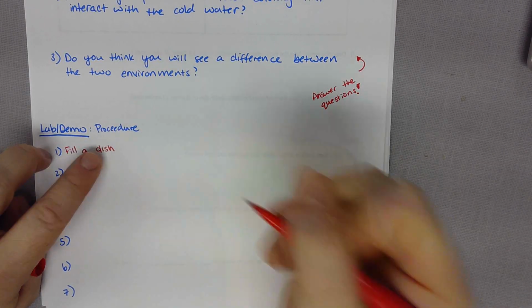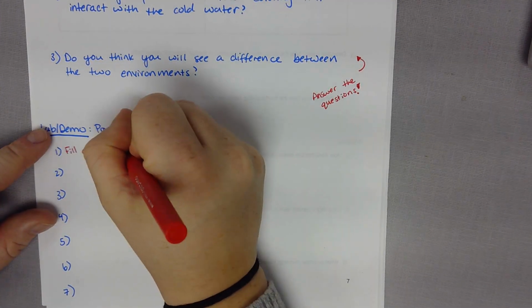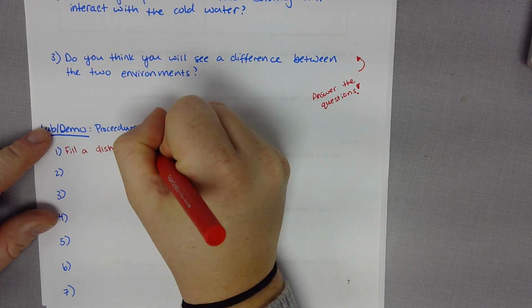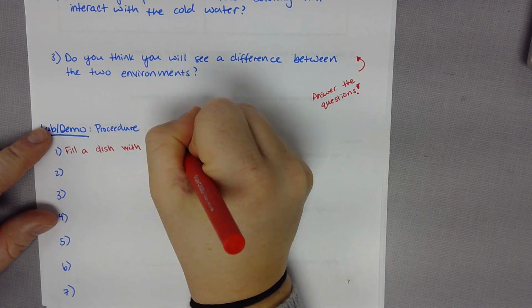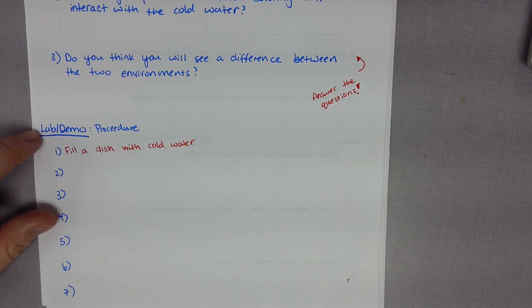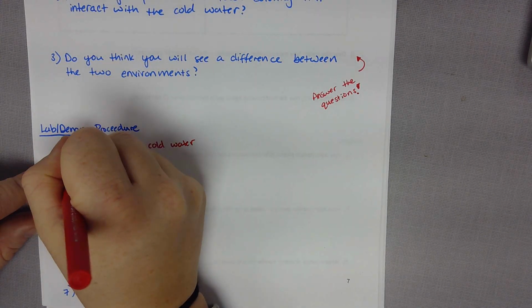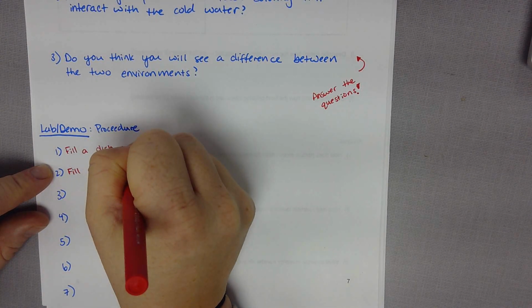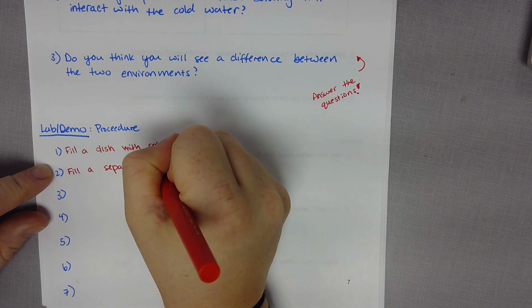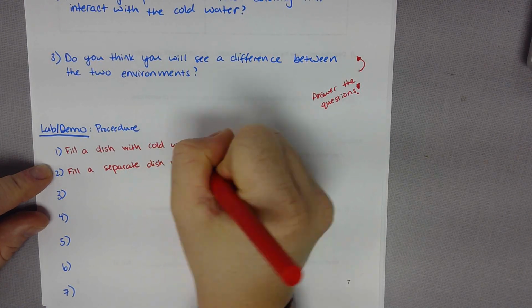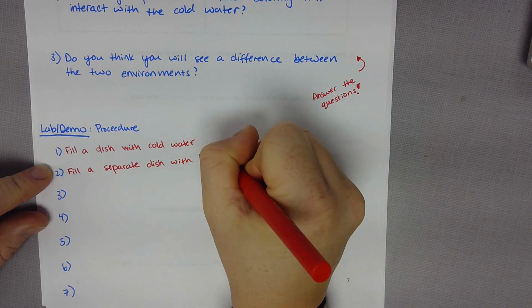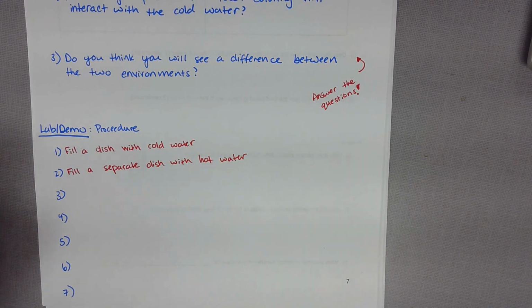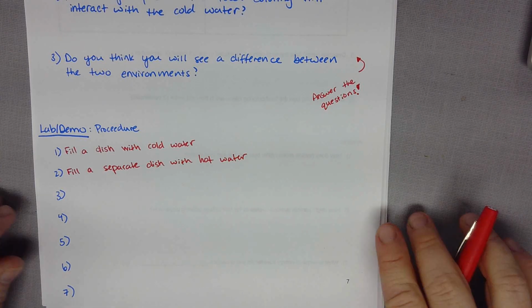Fill a dish, it's a petri dish, that's what it is, with cold water. So I'm going to fill one dish with cold water, and then I'm going to fill a separate dish with hot water. So that is step 1 and 2.